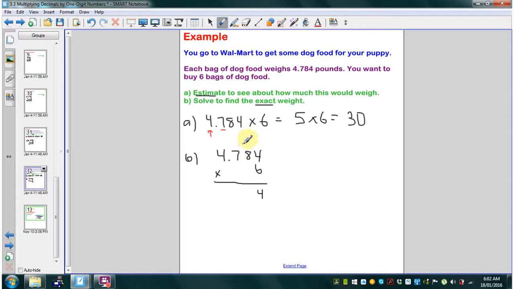Carry our 2. 8 times 6 is 48. 48 plus 2 is 50. Carry our 5. 7 times 6 is 42. Add our 5, that's 47. Carry our 4. And then 4 times 6 again is 24, plus 4 is 28.